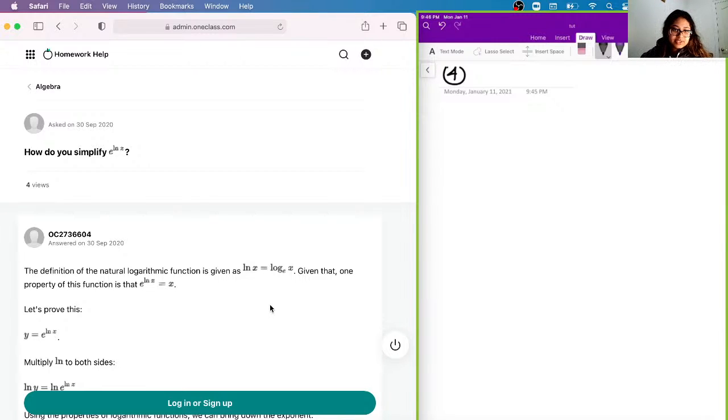We have is how do you simplify e to the power of ln of x? Okay, so the definition of a ln function is that, or it is also called a natural logarithmic function.